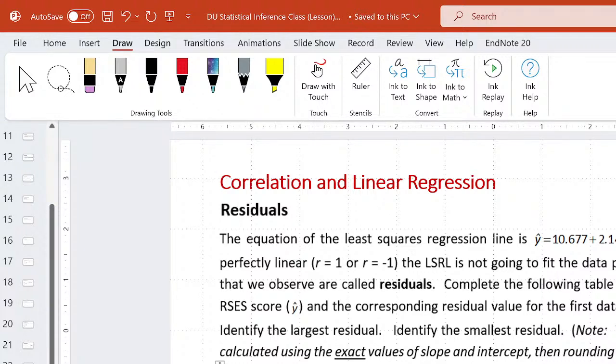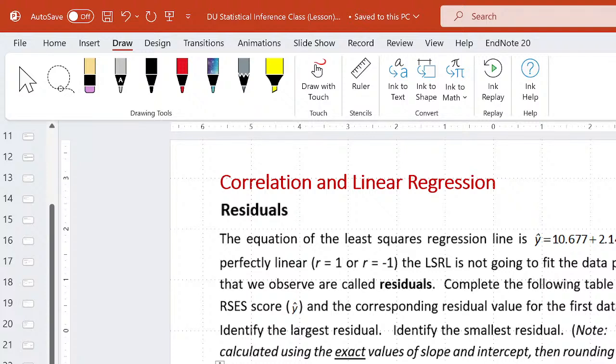Now, where are we in the whole line of things here? Residuals, right? You're following along here. We just did G. Yeah, residuals.